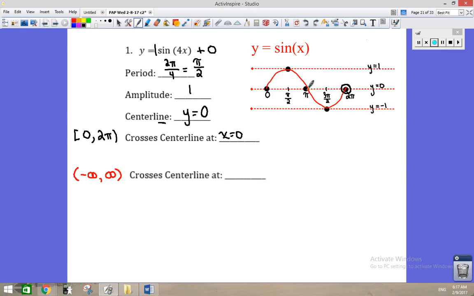The next place that's intersecting the center line is when the input is pi. So if we replace 4x with pi, meaning that x equals pi over 4, then when you substitute that in, you're going to have the sine of pi, and it's going to be 0.